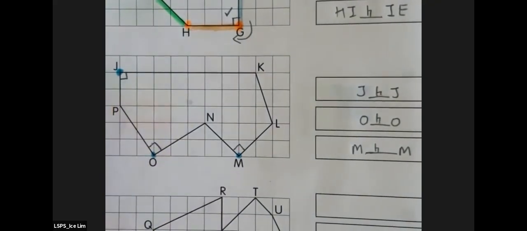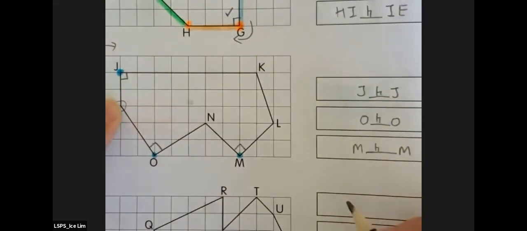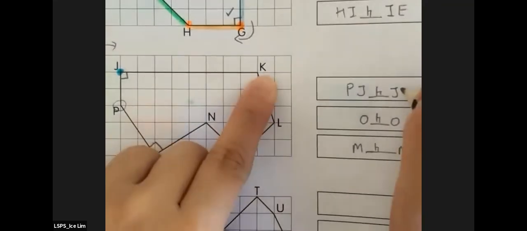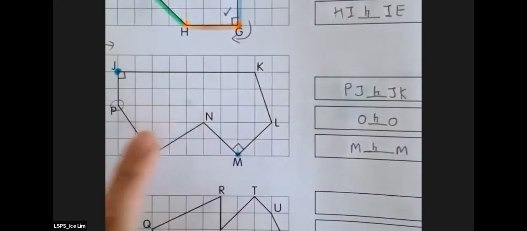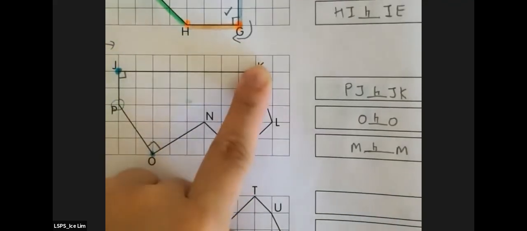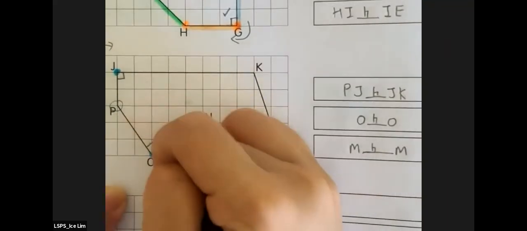Let me go in a clockwise direction. PJ to JK. So line PJ is perpendicular to line JK. Okay, I go from O here. Let's go clockwise.